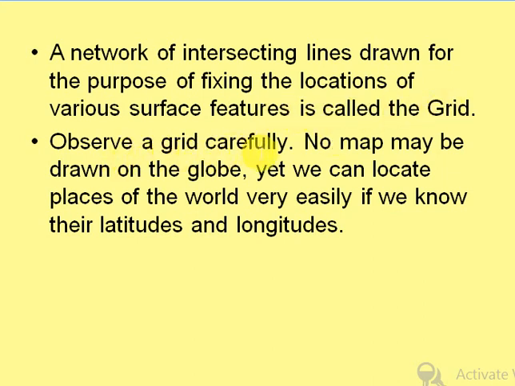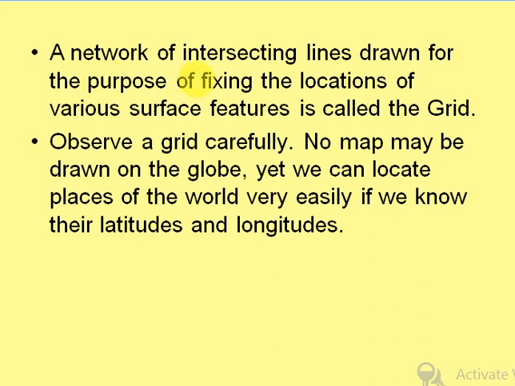Observe a grid carefully. No map may be drawn on the globe, but yet we can locate places of the world very easily if we know their latitudes and longitudes. So this is the importance of latitudes and longitudes.